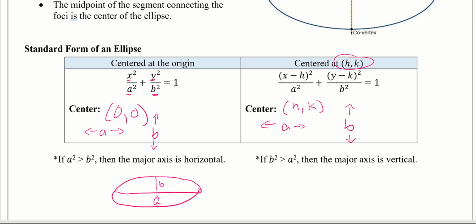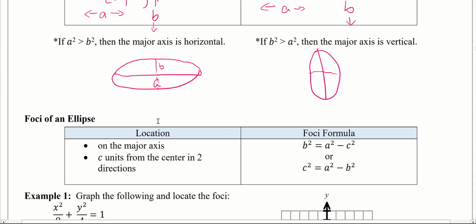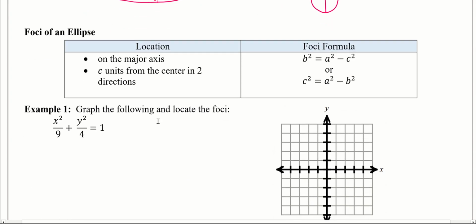If it's the opposite, then B is longer, and it's more of a vertical ellipse, like a football standing up on its side. The major axis is your longer axis. The minor is your shorter axis.